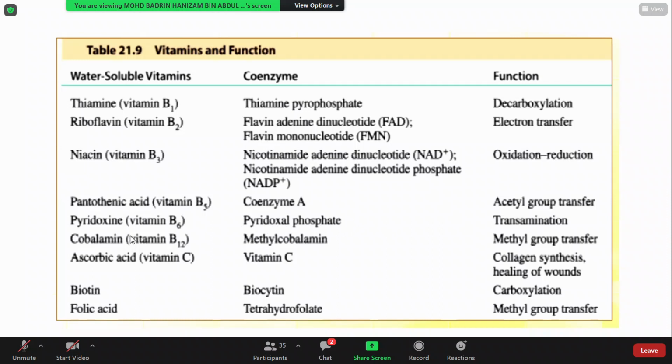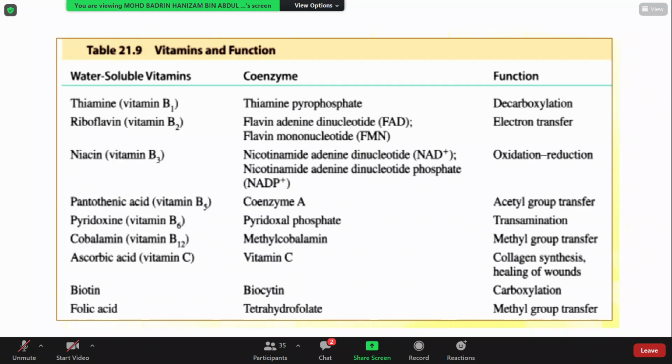B6, pyridoxine, pyridoxal phosphate for transamination. B12, cobalamin, methylcobalamin, methyl group transfer. Vitamin C, one of the most famous vitamins at the moment due to this pandemic, COVID-19. Vitamin C, ascorbic acid, collagen synthesis, healing of wounds. Biotin, biocytin, carboxylation. Folic acid, tetrahydrofolate, methyl group transfer.